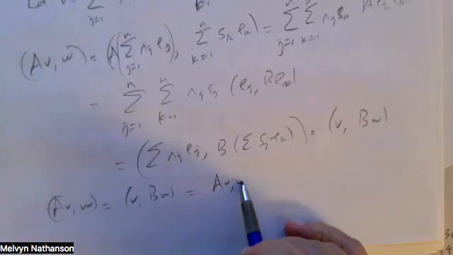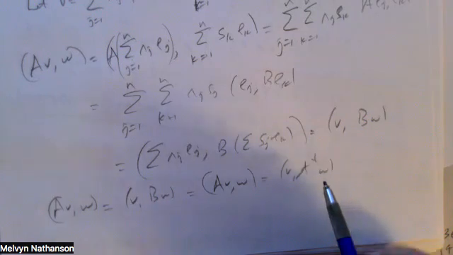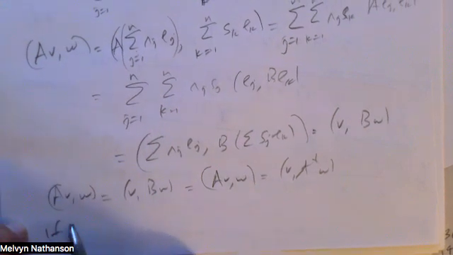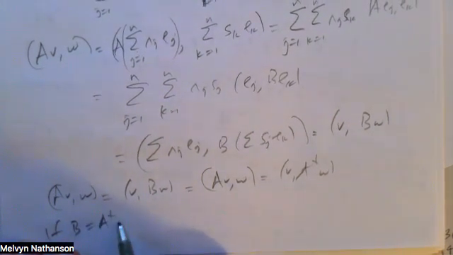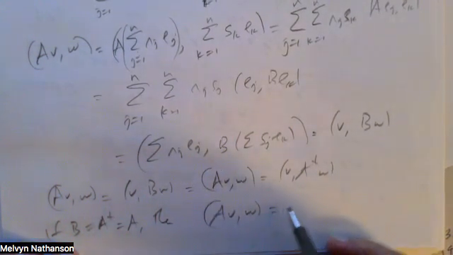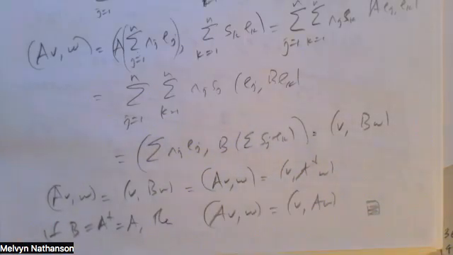So if you have an N by N matrix A, and you call its transpose B, the inner product of AV with W is the same as the inner product of V with B of W. And if B, which is A transpose, is equal to A, then AV inner product with W is V inner product with AW. That's what we wanted to show.